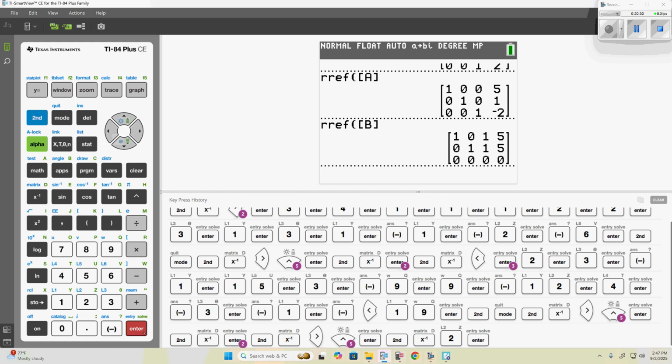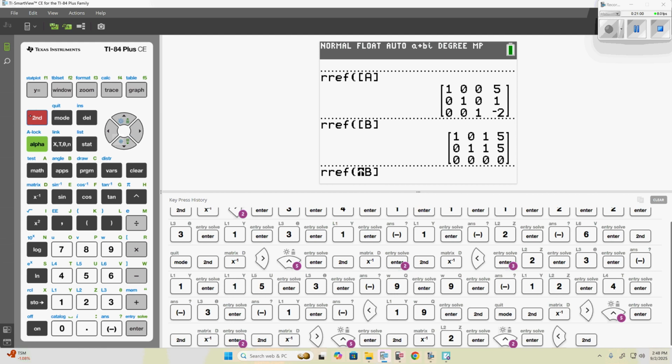Because the top row, 1, 0, 1, 5, is saying that x plus z equals 5. That's an equation. We can find that in terms of z. The middle equation, 0, 1, 1, 5, is y plus z equals 5. We can solve that and get it in terms of z. We do have two equations that we can define the infinitely many solutions by.